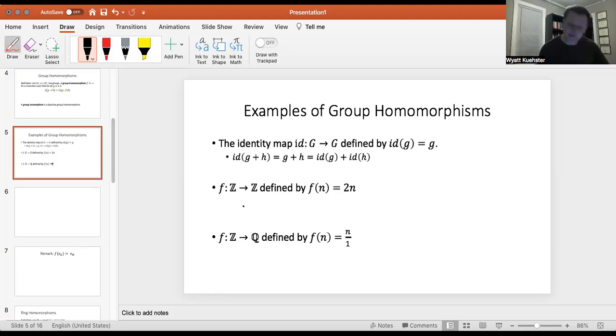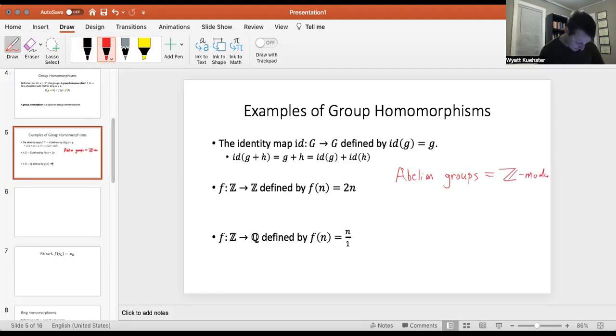Okay, and then here's a non-trivial example. Remember that Z was an abelian group, the integers, and we had an identity, which was 0. We didn't have a multiplication, but if you have an abelian group, you can always define, I think I mentioned last time, that abelian groups are the same thing as Z modules.